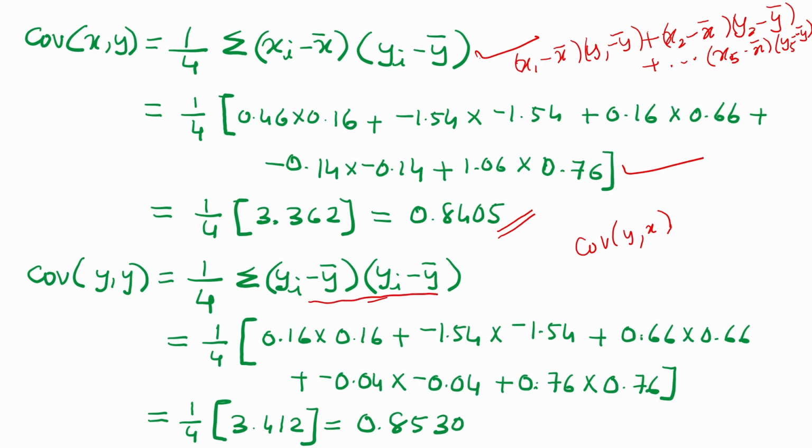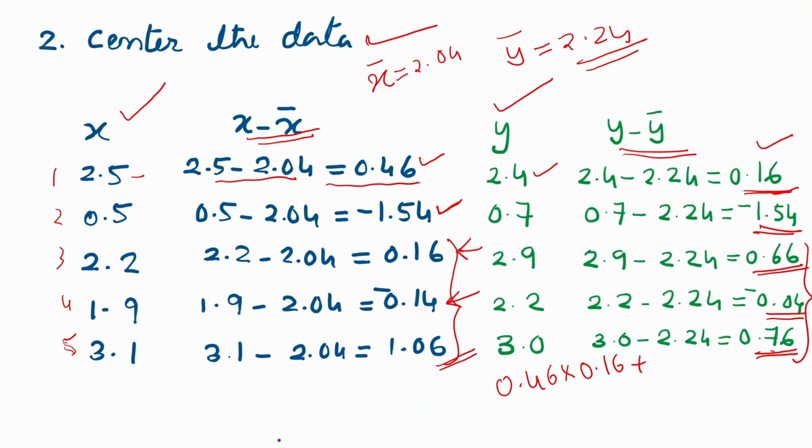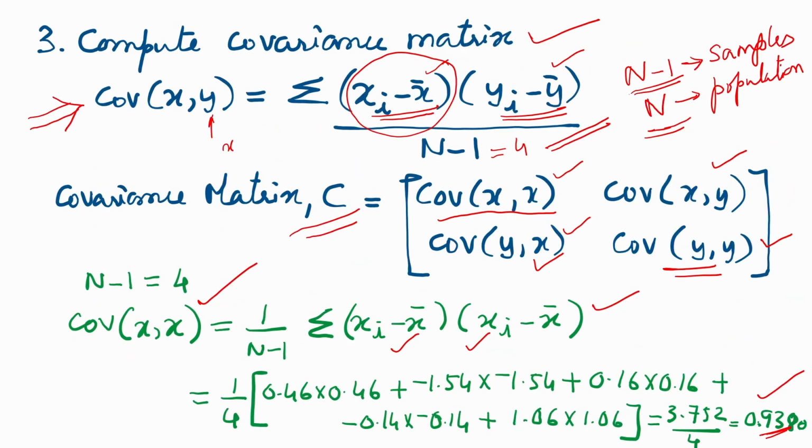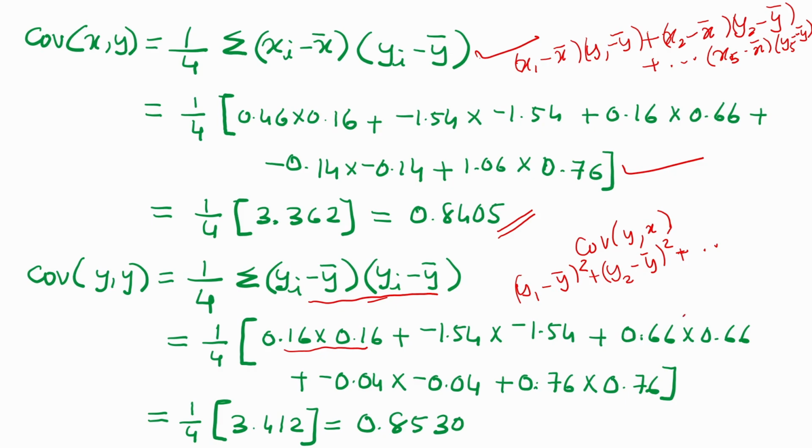So it will be y1 minus y bar whole square, plus y2 minus y bar whole square, plus etc. Here the values are 0.16, then the second one minus 1.54, then 0.04 and 0.76. Only the squares of these values we have taken. So we got the value like this.